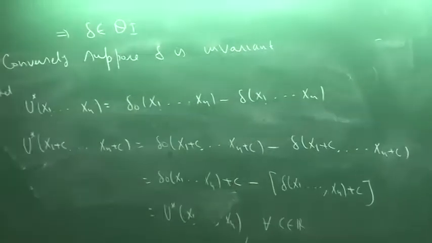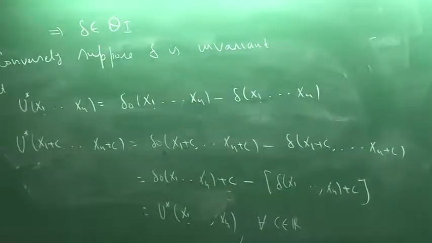So what you get is u star of x1 plus c, ..., xn plus c is the same as u star of x1, x2, ..., xn. So you can choose c to be minus xn. What does that give you?